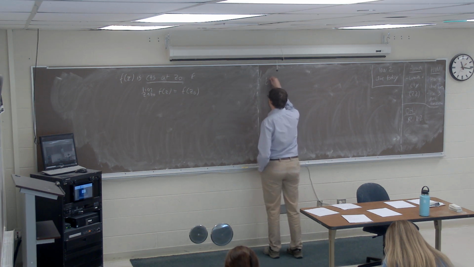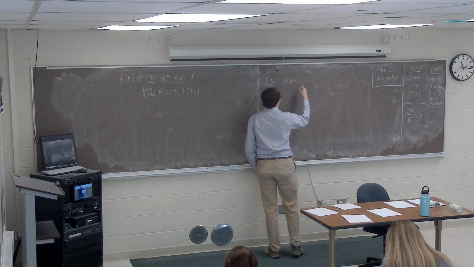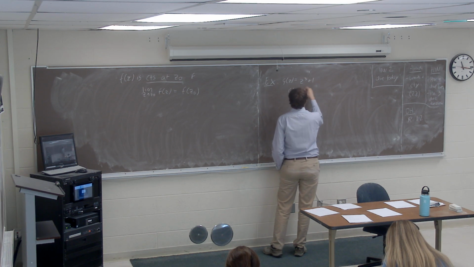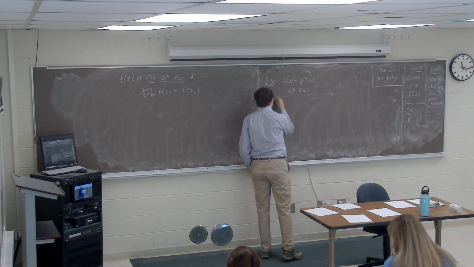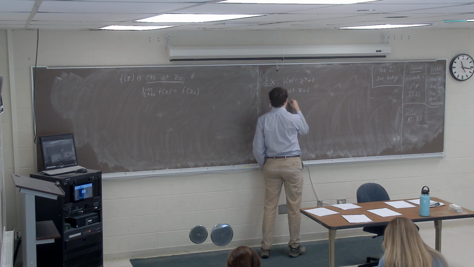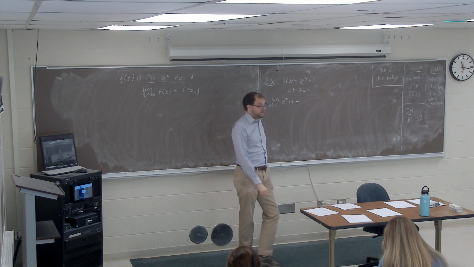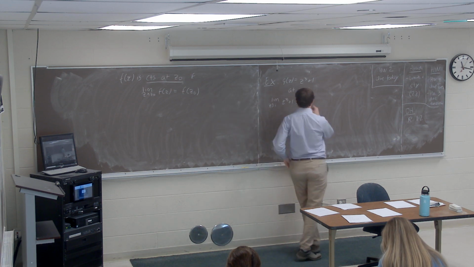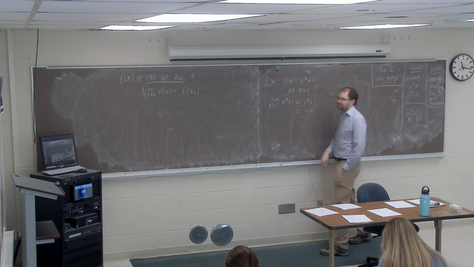So like a quick example would be something like g of z equals, I don't know, z cubed plus 1 at z equals i. But the idea being, if you want to take a limit as z approaches i of z cubed plus 1, if you want to evaluate that limit, all that you really have to do is just plug in i for z into this expression, and you'll get i cubed plus 1, which is what, minus i.